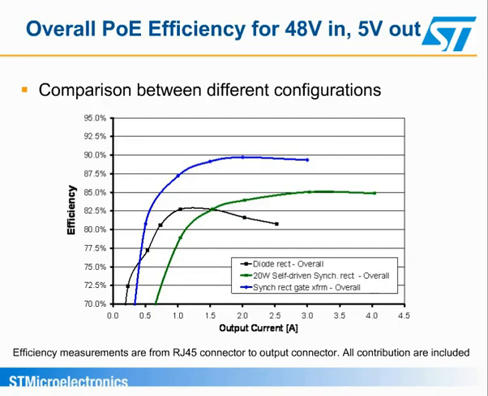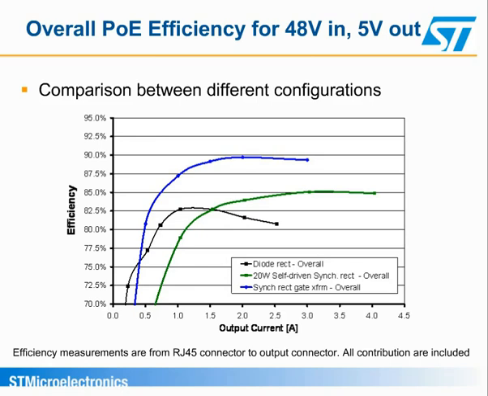In this last chart, we compare in a general way the overall efficiency measurements for a 5-volt output obtained with 3 different configurations. The black and green curves are respectively the diode and self-driven synchronous rectification cases presented in the previous diagrams, while the blue one is related to a synchronous rectification application in which a gate transformer is used to drive the MOSFET at the secondary side.